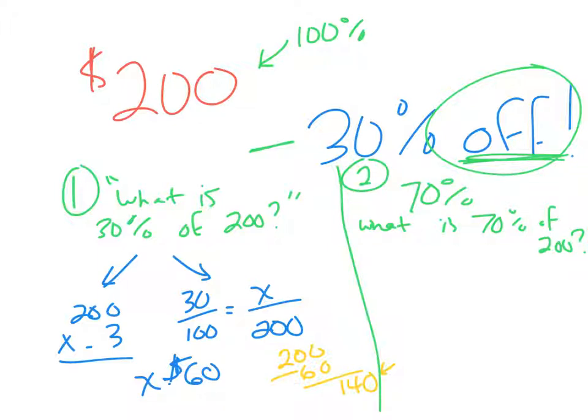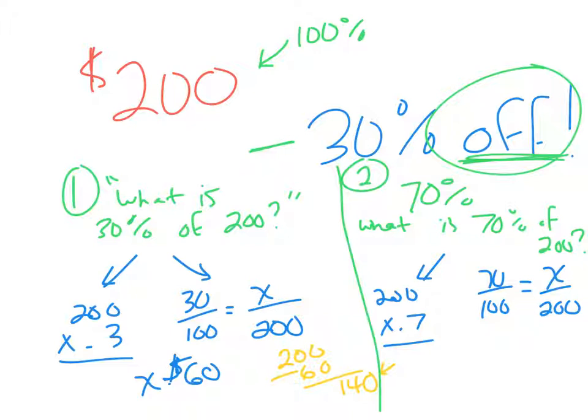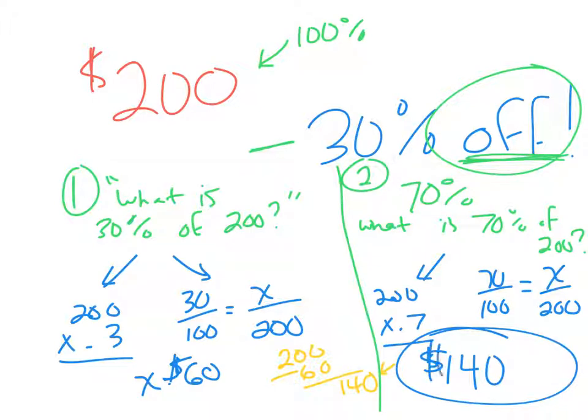Looking at it in alternative ways, I could take 200 times 0.7, or I could ask it as 70 out of 100 is equal to X over 200, and both of these will take you straight to your $140. So there's really like 4 different ways to approach these types of questions, but it's whichever method is easiest for you.